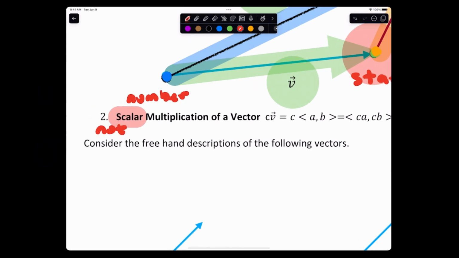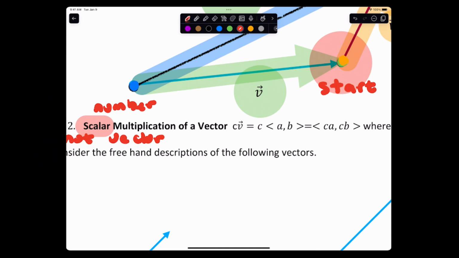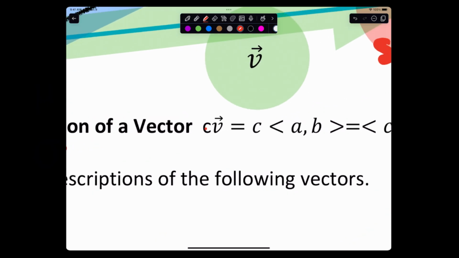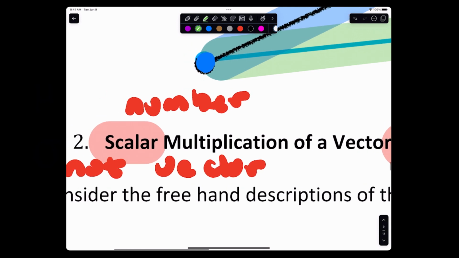So scalar is not a vector. And we can take a number, any number, like in this case, C is a scalar. So you're taking C and we're multiplying it with V, and you say, Mr. Judge, how do you do scalar multiplication? That's what this is known as. How do we do it?